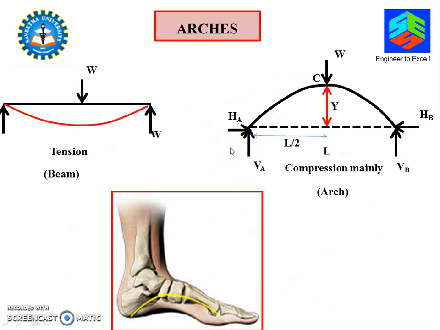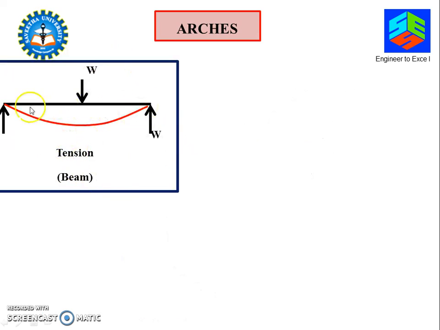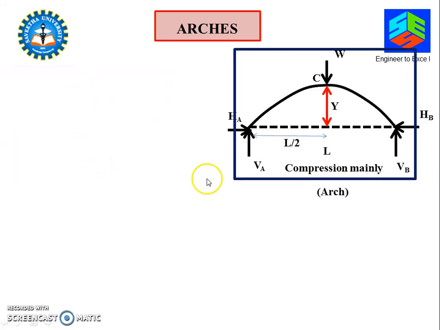Now let us see what is the advantage of an arch over a beam, or what special qualities an arch has compared to a beam. See your left side figure. This figure shows a beam. When it is loaded at the center, it deflects and we have tension. So this beam is considered a flexural member, meaning it bends, with tension at the bottom and compression at the top.